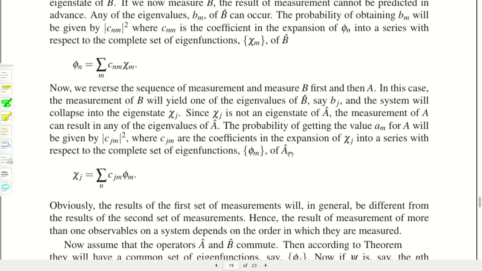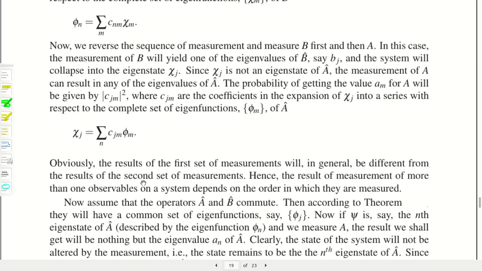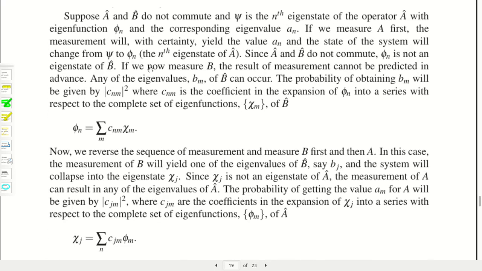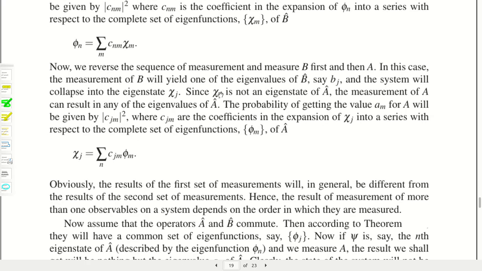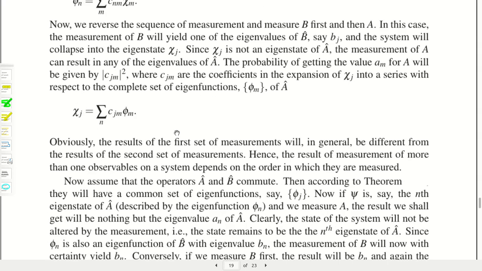And in case of reverse measurement, we cannot say the final eigenvalue, whatever it may be: A1, A2, A3 up to Am, any value with the corresponding probability Cjn. So the final results are very much different from each other in general.